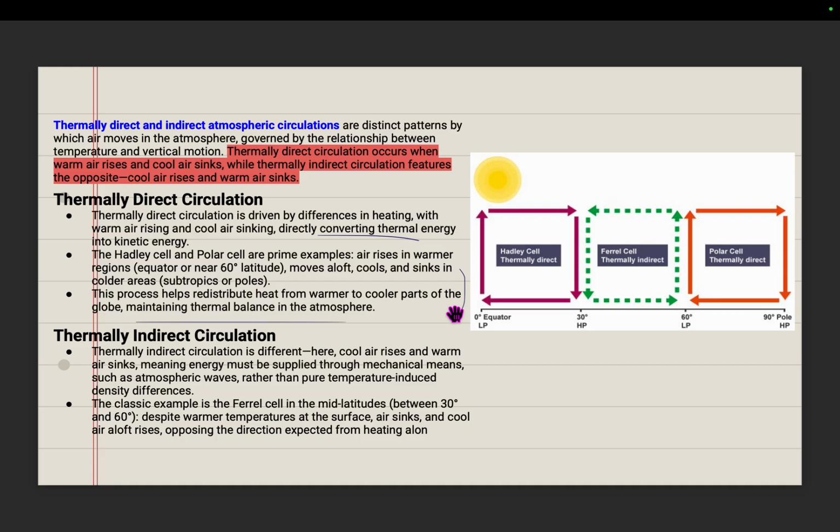Now the thermally indirect circulation case is fully opposite, where the cool air rises and the warm air sinks.